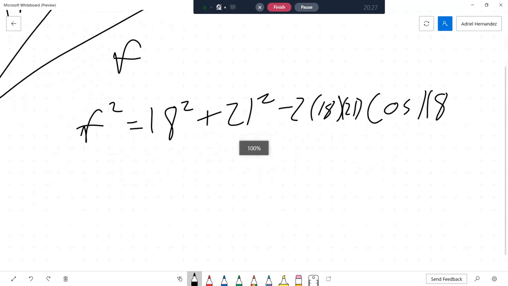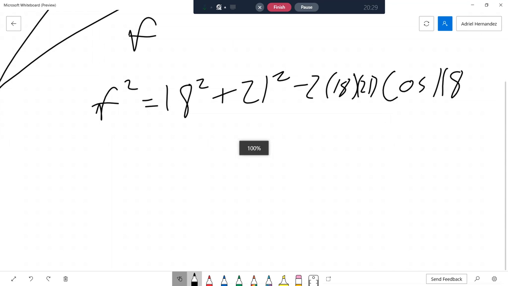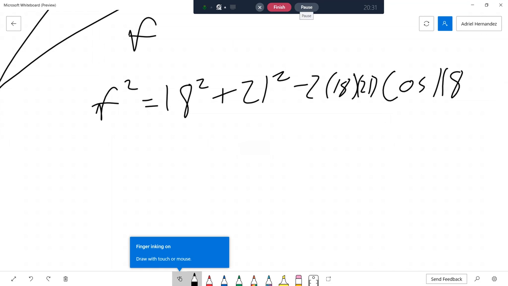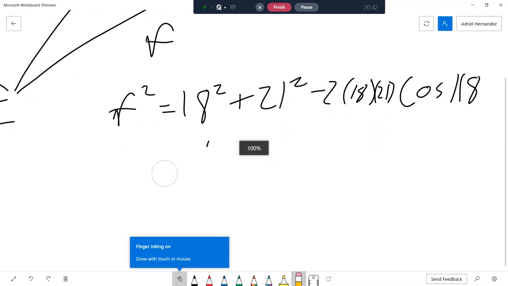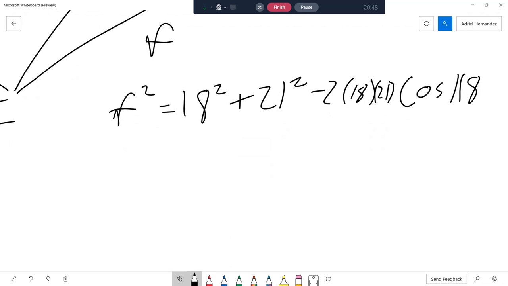And then all you're going to want to do from here is solve. So you're going to have 324, and you can go ahead and simplify all this. I'm not going to trouble myself with it. If you're already doing trigonometry, you should have the basic knowledge of grouping together like terms and all that.